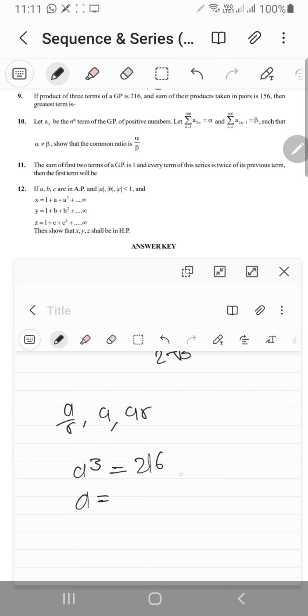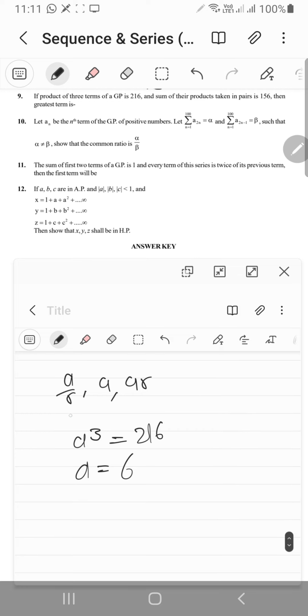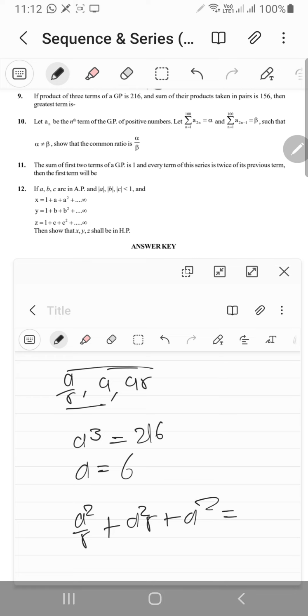So a is 6. Sum of their products taken in pairs. Taken in pairs, that means first this, so this will be a squared upon r, then this, so a squared r, and then these, which will just be a squared. It's 156.